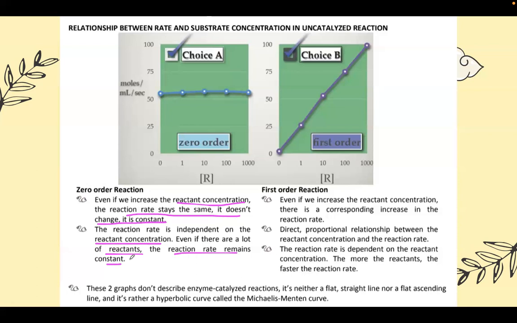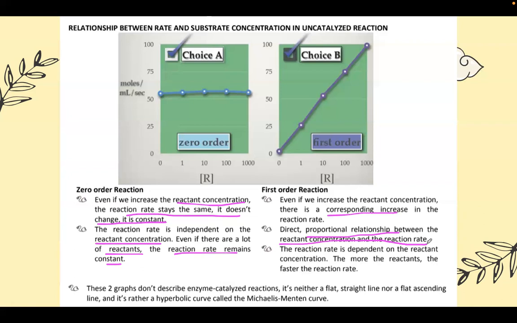Okay, ito yung relationship ng rate and substrate concentration. Pag first order reaction naman siya, let us just read the description. Even if we increase the reactant concentration, there is a constant corresponding increase in the reaction rate. Pakitandaan, direct proportional relationship between the reactant concentration and the reaction rate. So mahilig magtanong si Ma'am Trina ng ganito sa examination, yung mga relationship ng ating mga dinidiscuss.